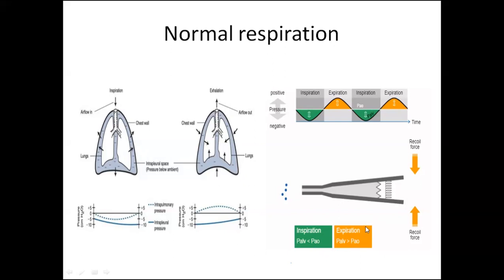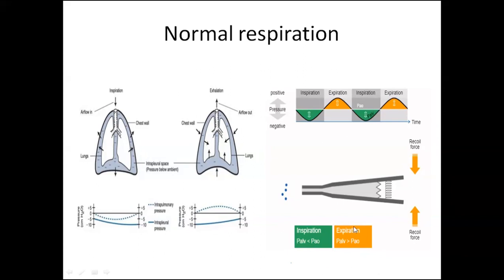So it is called an active process. But during expiration, it is not doing any work, because you already stretched the tissue and it will recoil back. It's like a rubber band. To expand and stretch a rubber band, you need to do work, but to make it come back to its previous size, you don't need to do any work. The same principle applies to the lung.